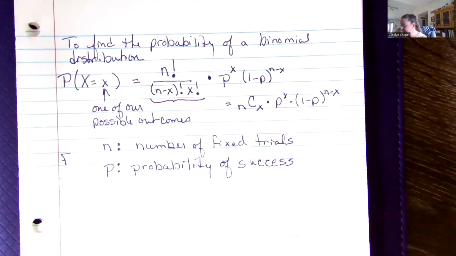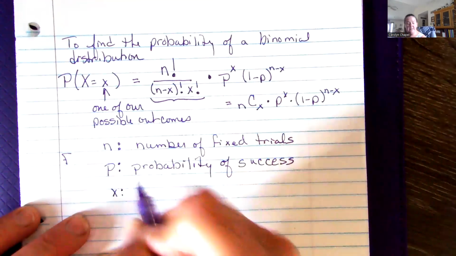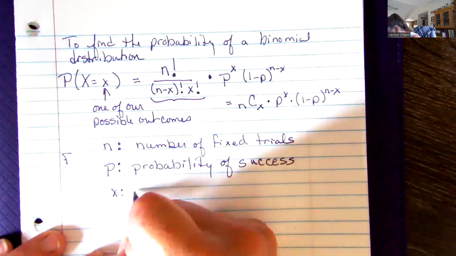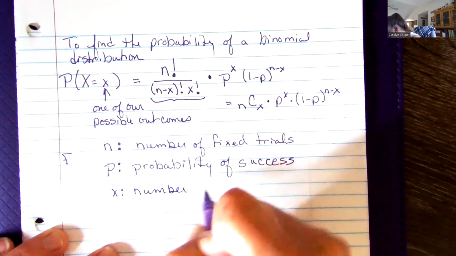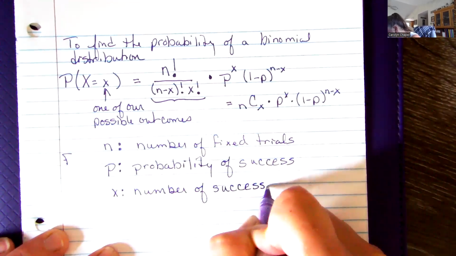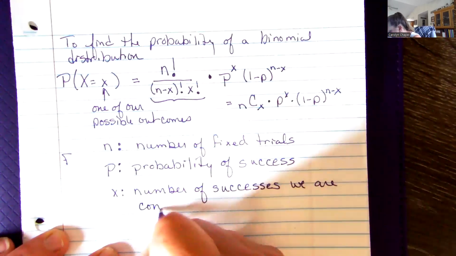Okay, and again, x is going to be the outcome or the number of times that it happens, the number of successes we are concerned about.